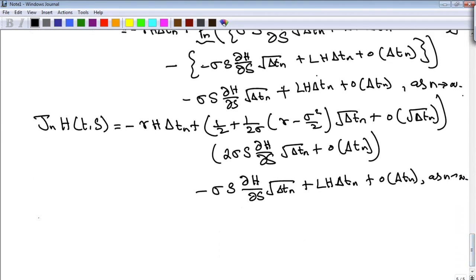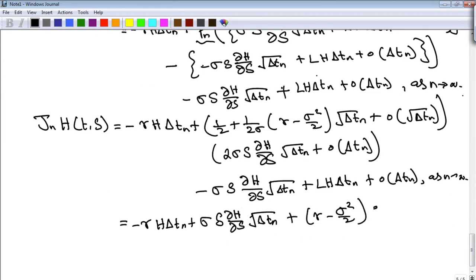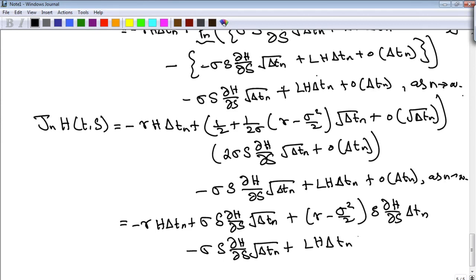So this can be further simplified to get minus R H delta Tn plus sigma S ∂H/∂S root delta Tn plus (R minus sigma square by 2) S ∂H/∂S delta Tn minus sigma S ∂H/∂S root delta Tn plus L H delta Tn plus small o of delta Tn.